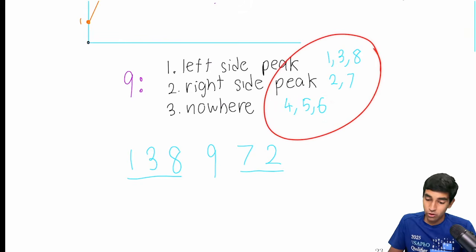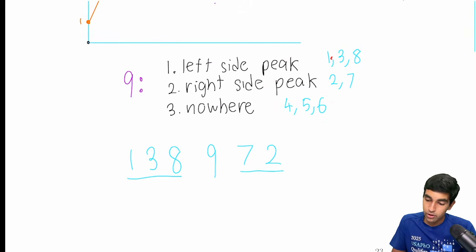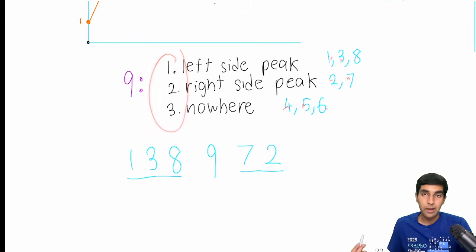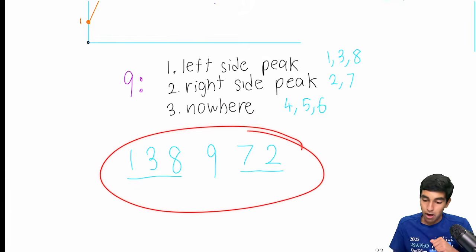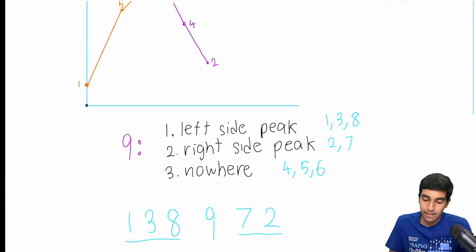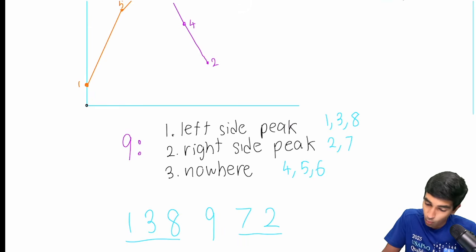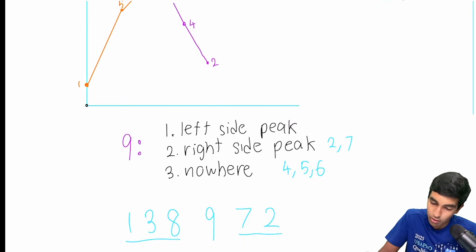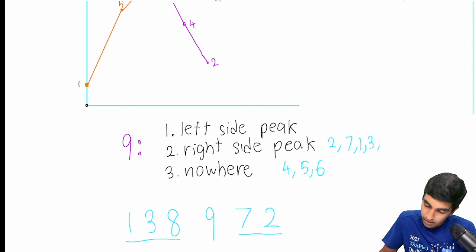So for any choice, let's say we choose where each of these 8 digits belongs in each of these 3 buckets. After that, there's only one possible ordering that satisfies the shape that we need. And keep in mind that we can put nothing in the left side of the peak. We can put them all on the right side if we wanted, right? That's perfectly allowed.